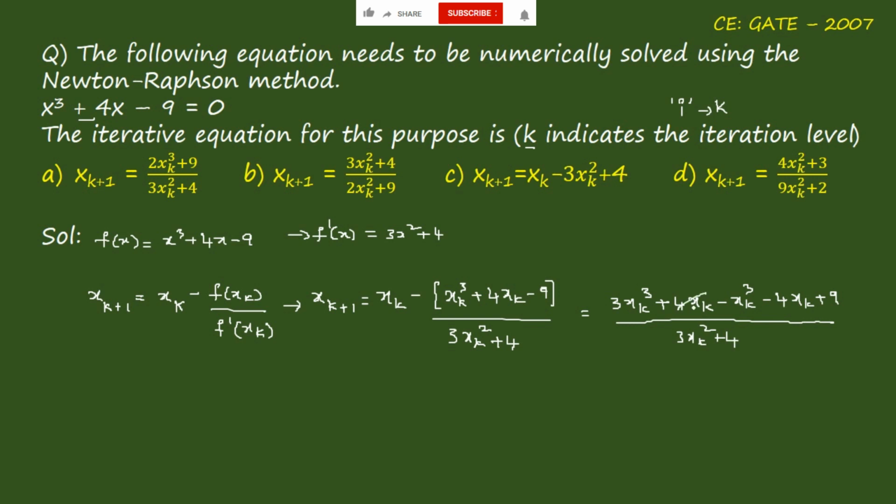Plus 4x minus 4x cancel and it becomes 2x of k cube plus 9 by 3x of k square plus 4, which is nothing but x of k plus 1. So the iterative equation is option A.